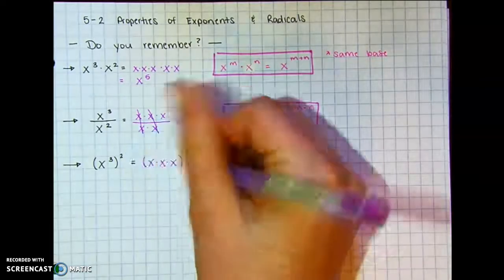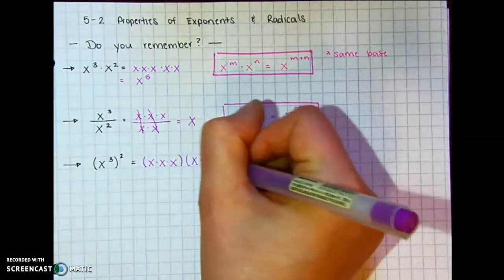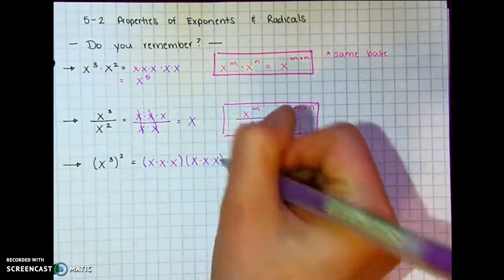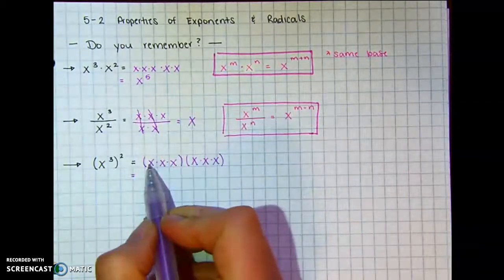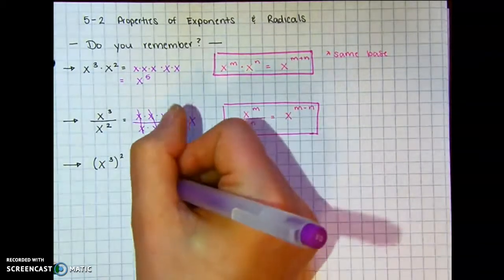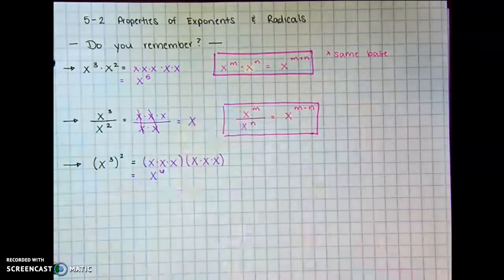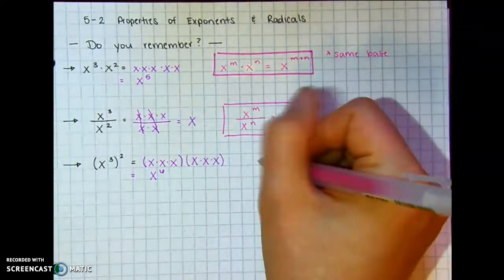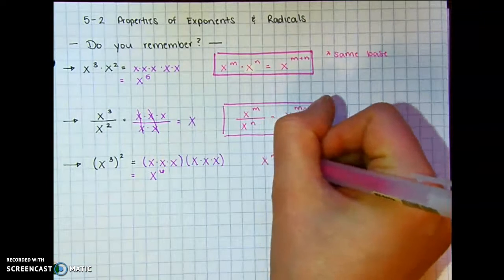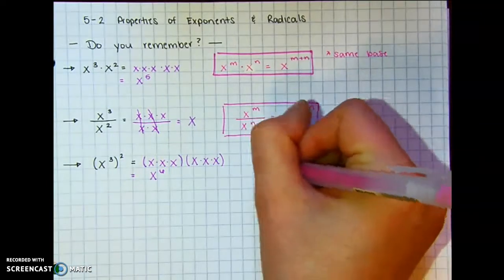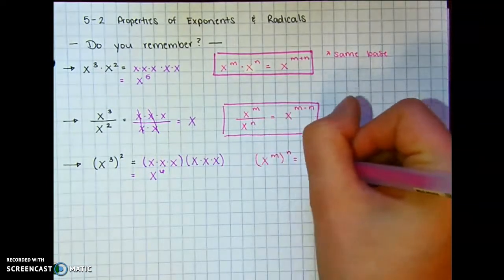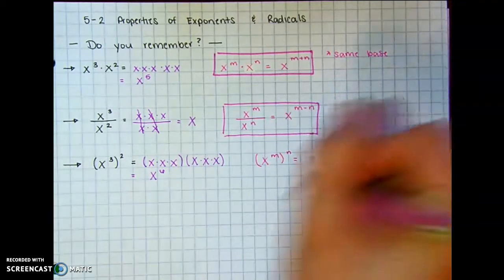But it's squared, so we have two of them, times x times x times x, which is equal to 1, 2, 3, 4, 5, 6, x to the 6th. So if you have x to the m to the nth power, you can multiply them. So it's mn.